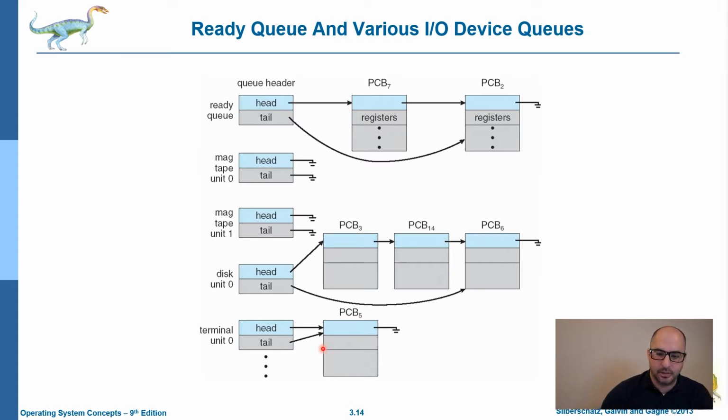The operating system, after moving that process to that queue, will then select another process out of the ready queue to execute until the interrupt for that terminal returns, telling us, hey, we're ready for this process. The process will be resumed by placing it in the ready queue and then later selected to run on the processor.